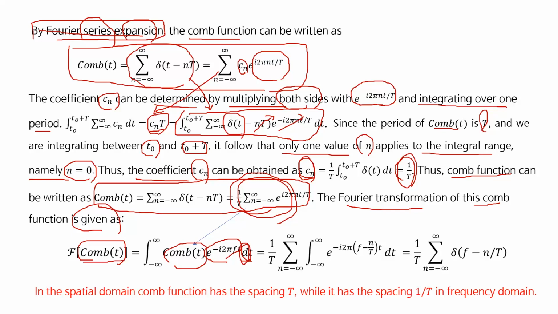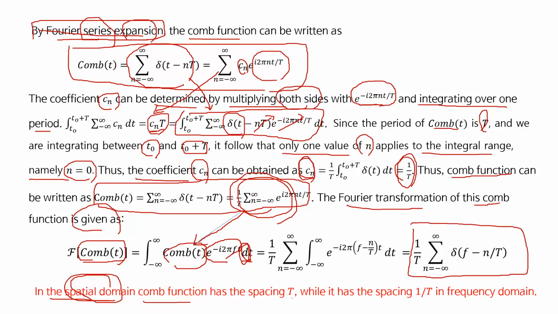And then if we put this one here, we finally have this form. So in the spatial domain, the comb function has spacing t, while it has spacing 1 over t in the frequency domain.